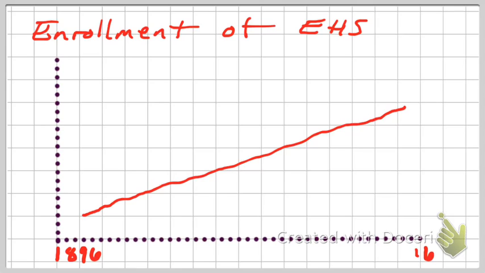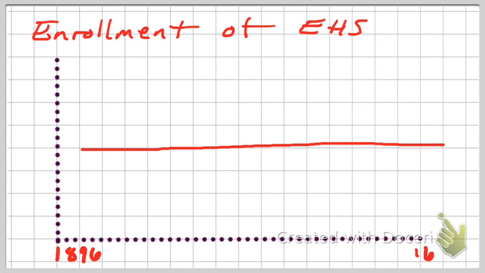It could be. Possible. Okay. How about that? Yeah. Possible. Not likely that you're going to have basically the same number of students every year, but it's possible. Okay? It's possible that that could happen.